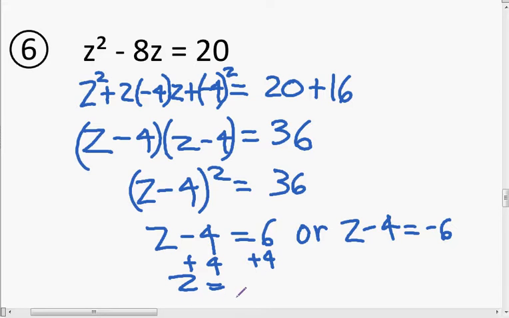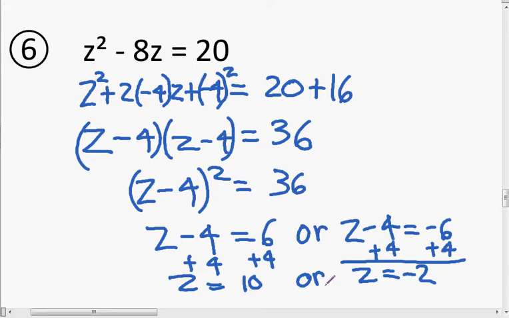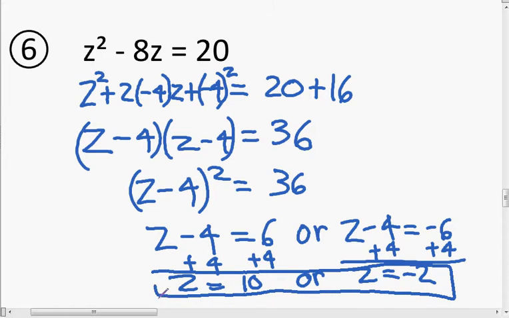And here I have z equals 10. Just like Ms. Bodie taught us, we add 4 to both sides. Z equals negative 2. And I write or, because I want to make it clear that either one will work.